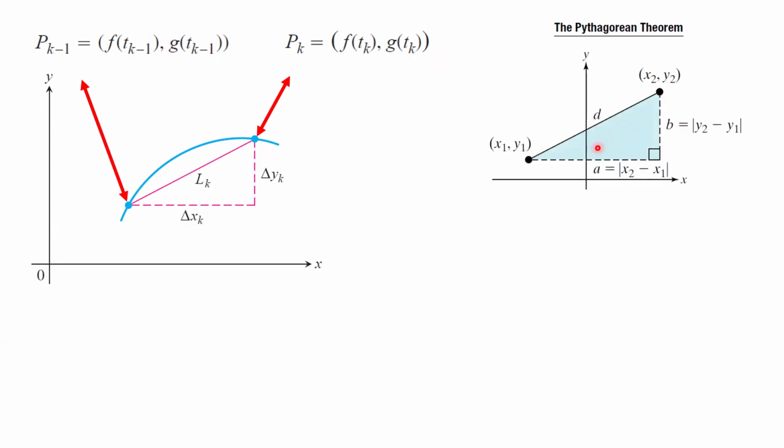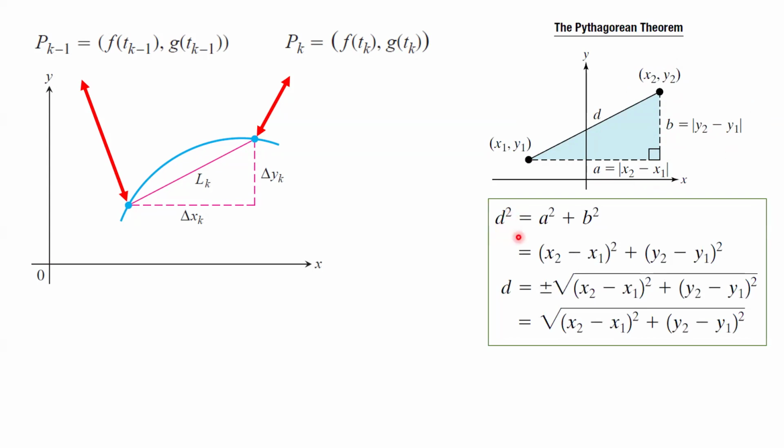By using the Pythagorean theorem, if you have the initial point x1, y1, and the terminal point x2, y2, the distance between x1 and x2 is denoted by the absolute value of x2 minus x1, and the distance between y1 and y2 is y2 minus y1 in absolute value, because it's just the distance.